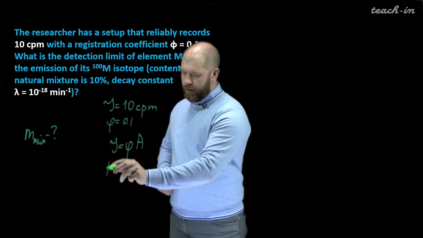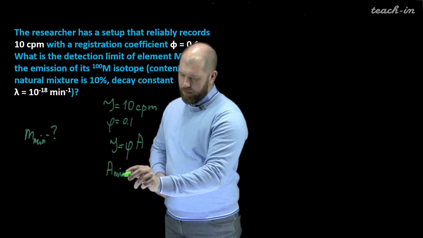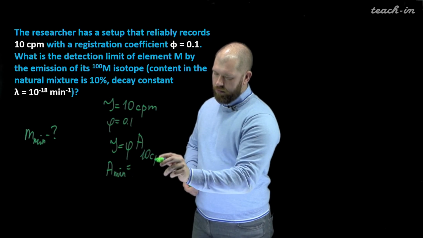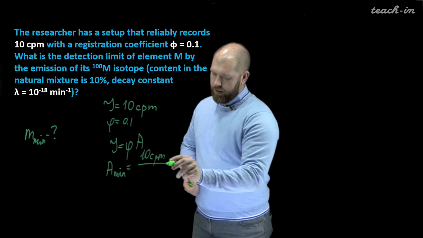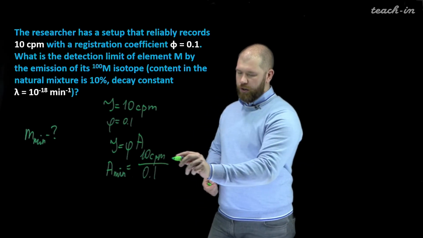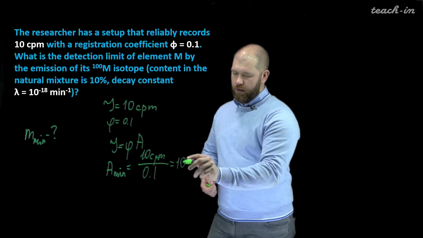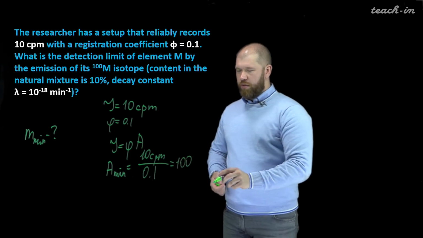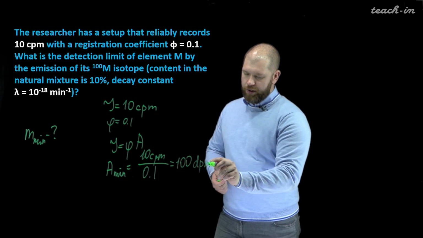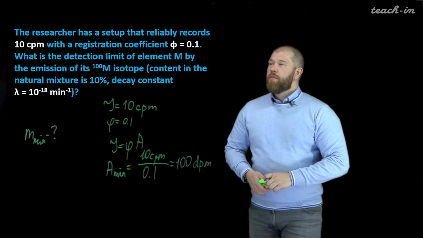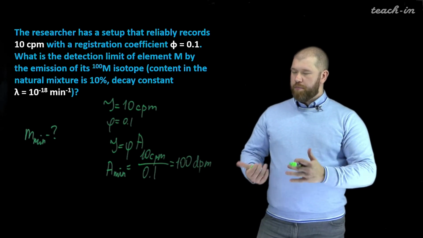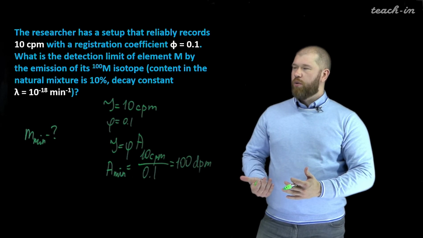So the minimum activity will be equal to 10 CPM divided by the registration coefficient 0.1. So it will be simply 100 disintegrations per minute, so it is dpm. Now about the mass of this isotope.